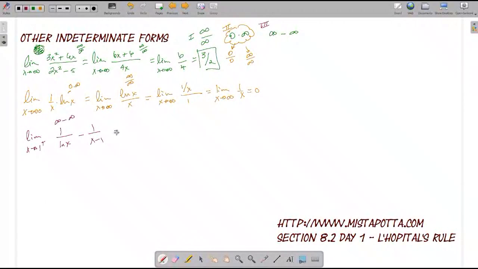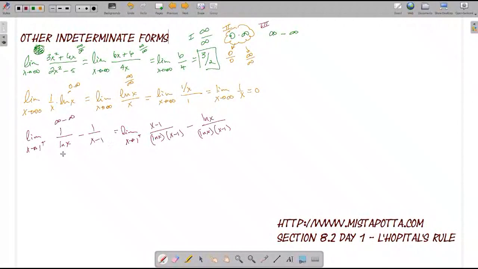So this should be equal to the limit as x approaches 1 from the positive side of x minus 1 over the natural log of x times x minus 1 minus natural log x over natural log x times x minus 1.